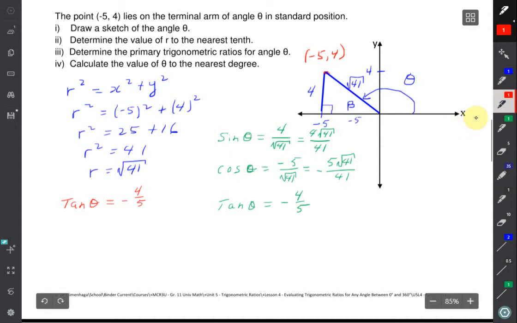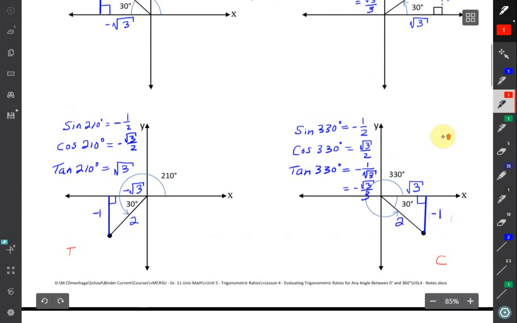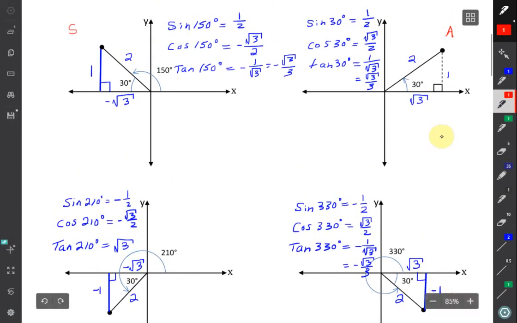One thing you will note now, and I'm going to at this point come back up to our 4 triangles here, is that for any ratio, there are 2 positive ones and 2 negative ones existing for any particular related acute angle. So in this case, if we look at a half here, there's also a half in this quadrant.